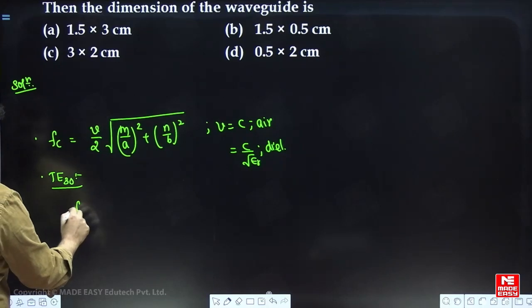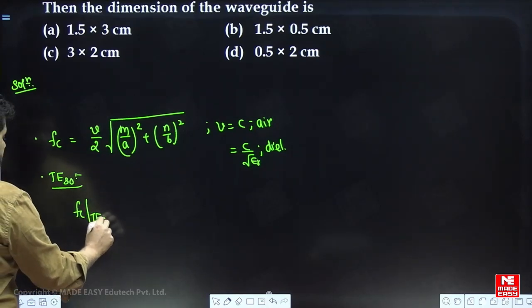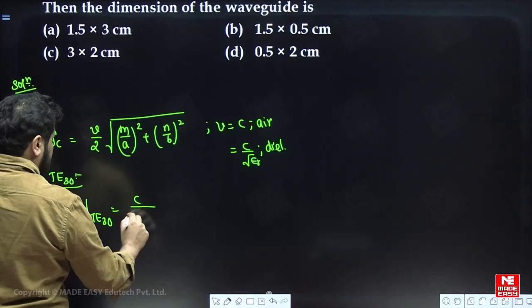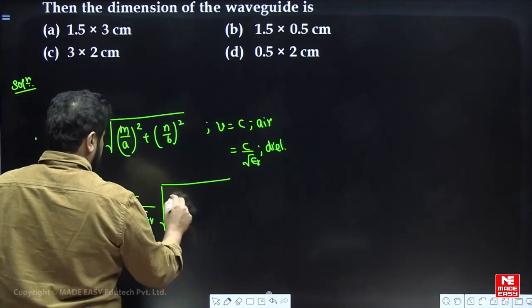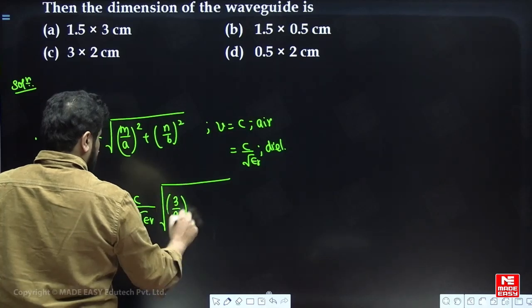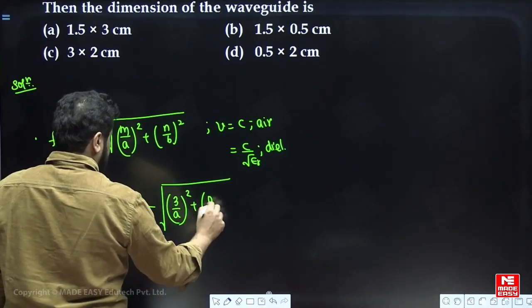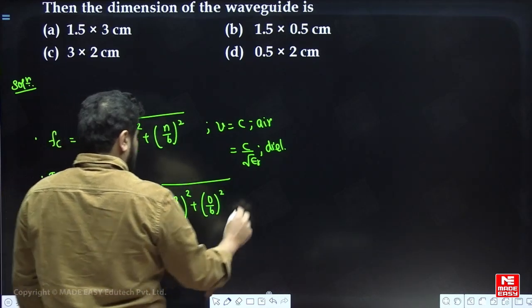For TE30, the cutoff frequency will be C upon 2 root epsilon r, root under (3 upon A) whole square plus (0 upon B) whole square. So this is how much?